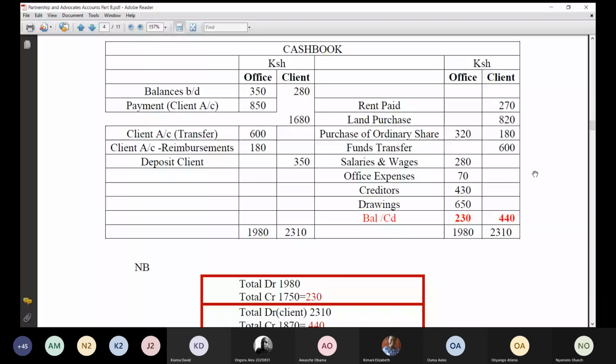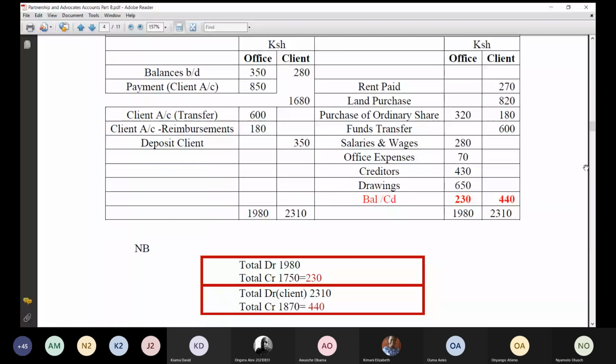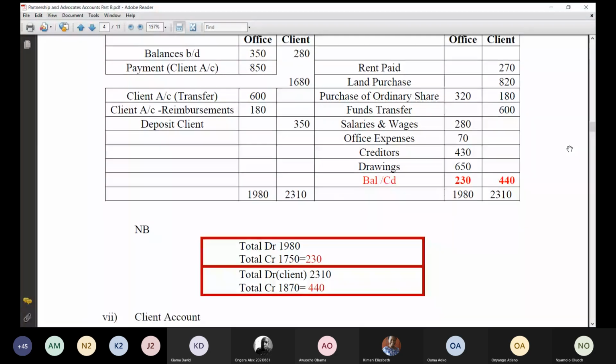It means we made a disbursement to that client of 320. So 180 came from the client account and the 320 came from our office account, making the total of 500. We had said that a client may have sufficient amounts, but other clients might have insufficient accounts. If you read my previous notes, this is how we treat that.